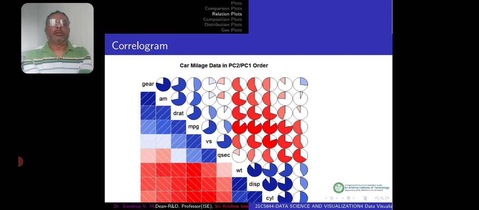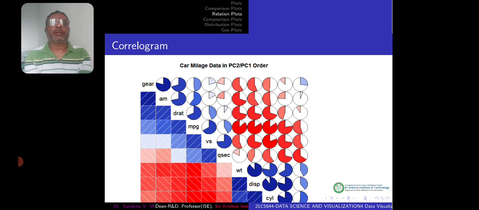On the lower triangle, we can see these cells are colored with different shades. Something is dark blue, something is light blue, something is grayish, something is light red, something is dark red, and so on. So that's what a correlogram is. If you look at the topmost left one, it's comparing gear and AM, and it is showing a dark blue.